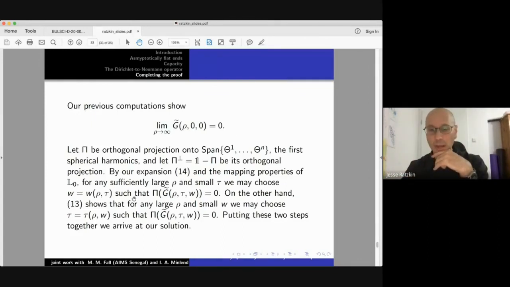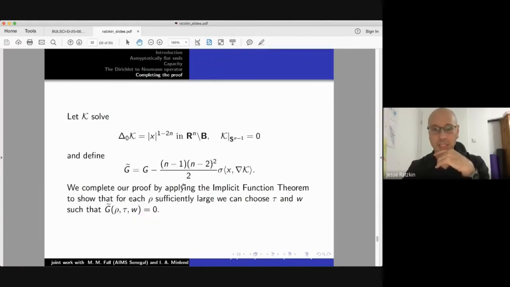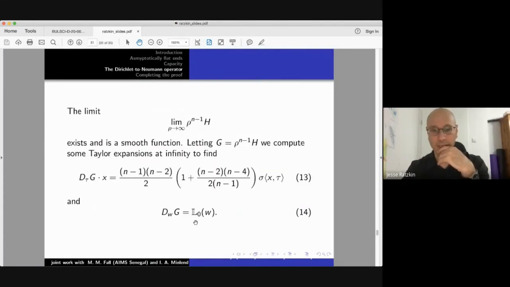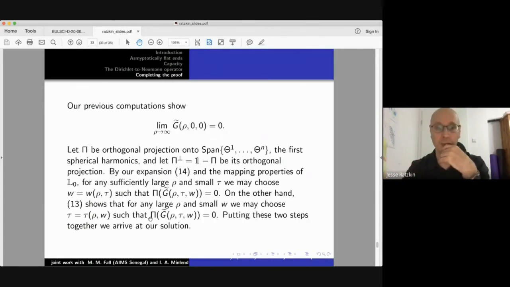And what I find is that by my expansion here for this part, once I project that orthogonally to the first spherical harmonics, I obtain something that's an isomorphism.